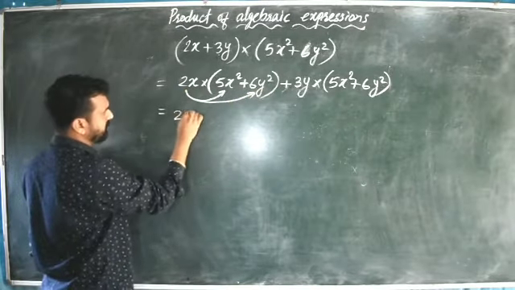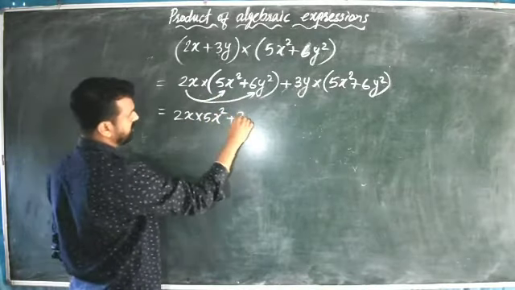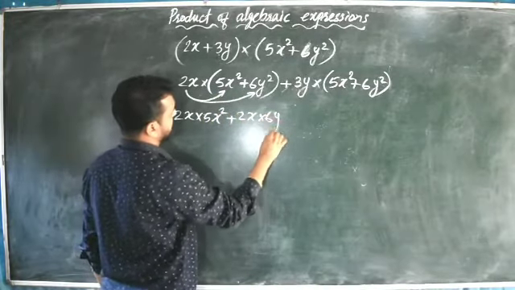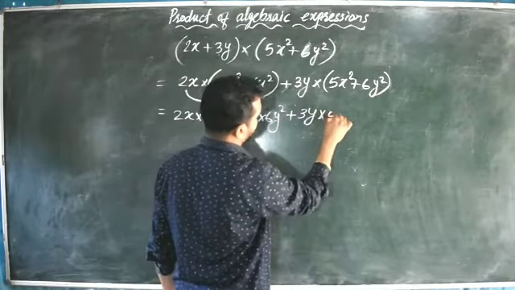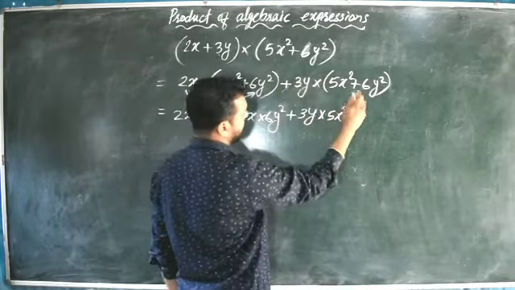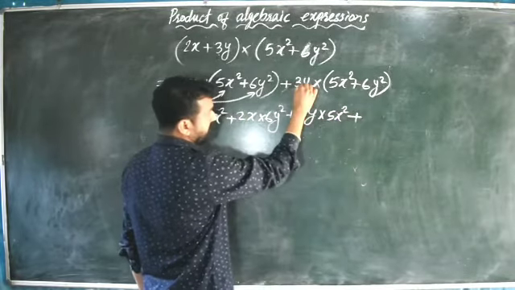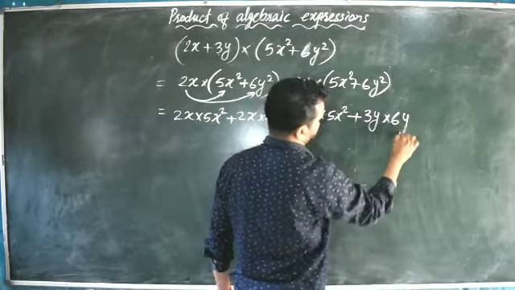Then it will come 2x into 5x square plus 2x into 6y square plus 3y into 5x square, first term of the binomial, plus 3y into second term of the binomial, that is 6y square.